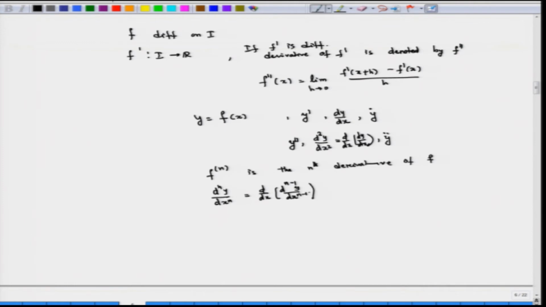You see, all these higher derivatives will not automatically exist if f prime exists, but as long as they are differentiable, we can take the derivative.